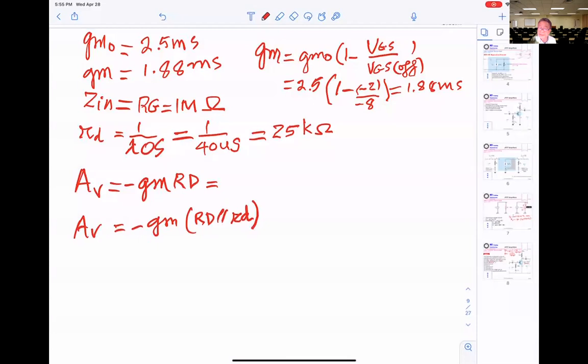What does the gain equal without R small d? It would be equal to minus GM times R big D. That's without R small d. What do you get again? It will be equal to V out.